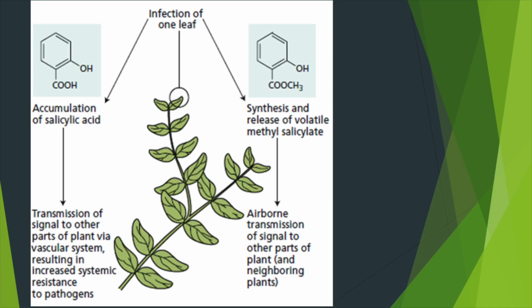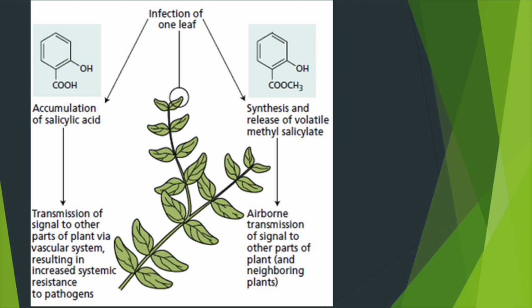So, the salicylic acid pathway has an advantage. Here plants are incapable of moving from one place to the other. So, what do the plants do? Once a particular plant in a field is getting infected, the plant will produce a volatile chemical, and in this case the example given is methyl salicylate. So, methyl salicylate is an isoform of salicylic acid. Methyl salicylate is volatile.